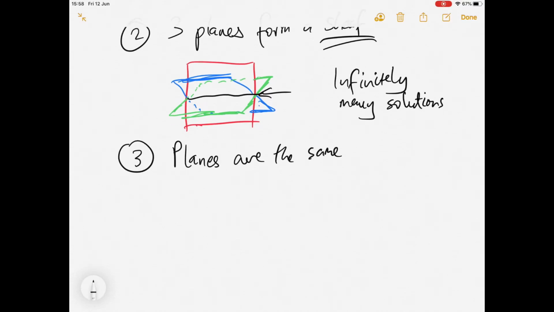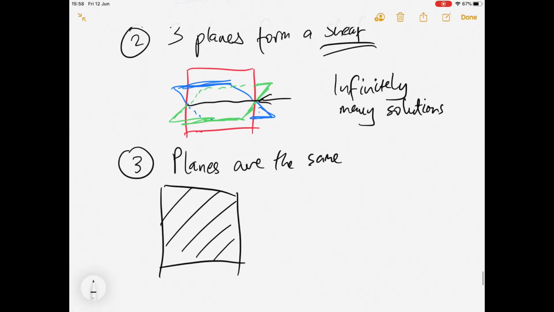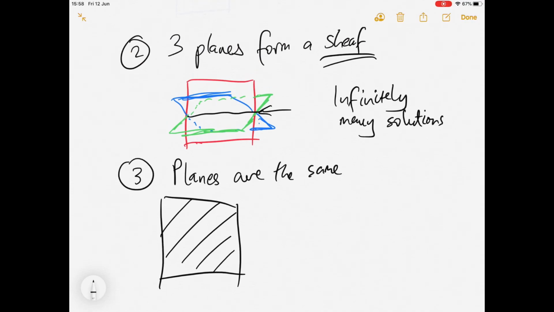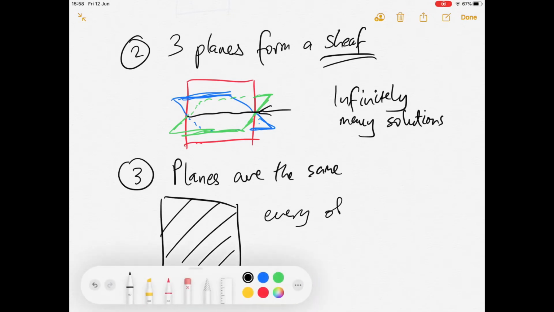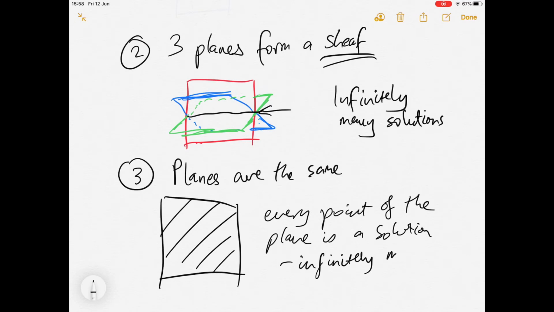If they're all the same, then here we just have one plane. Every point of the plane is a solution. So that's, again, infinitely many solutions.